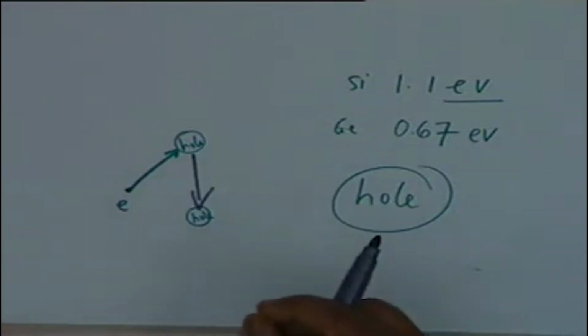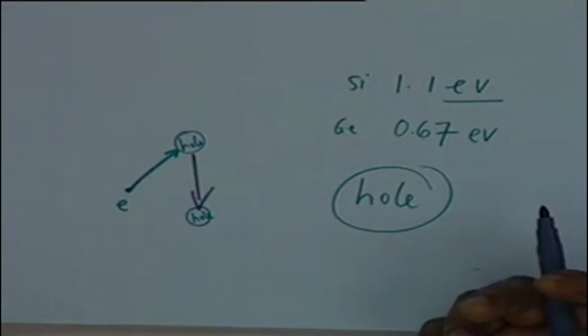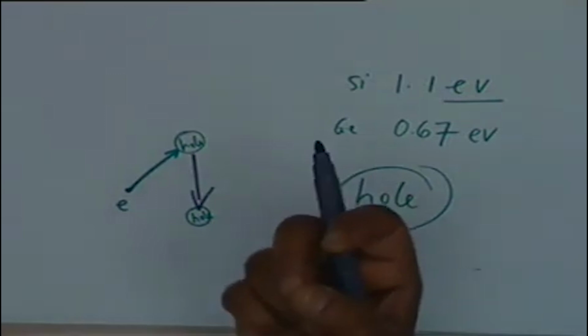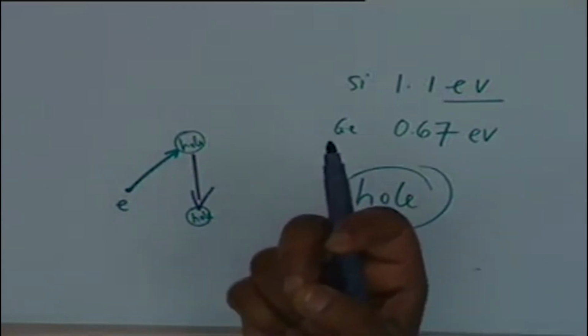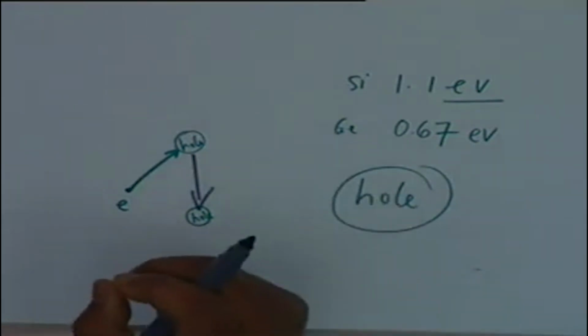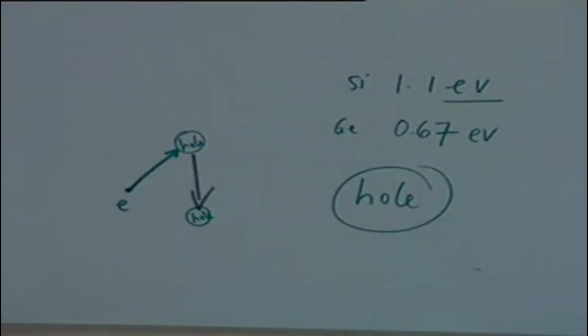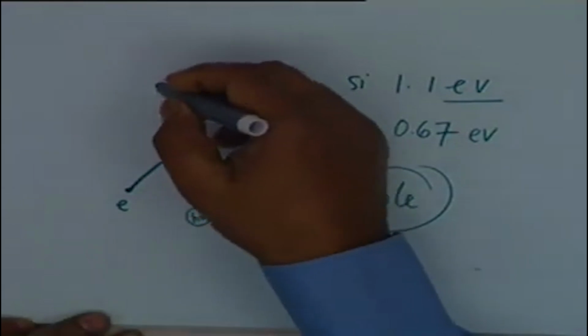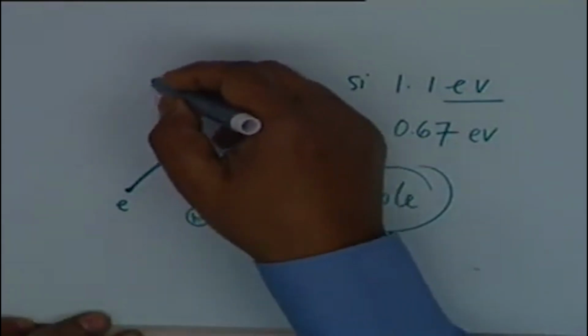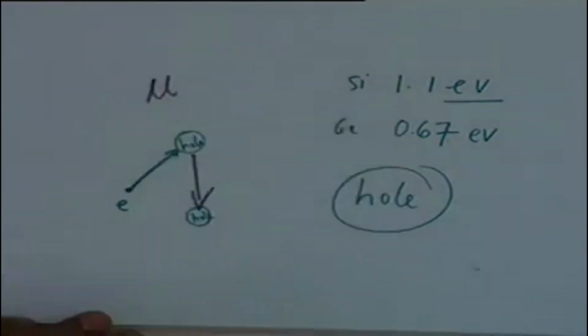That is, the hole, which is a vacancy, now behaves as a positive charge with a charge equal to that of the electron and a mass which is different from that of the electron. In other words, in a semiconductor we have to talk of two kinds of mobilities. There are two kinds of charge carriers.